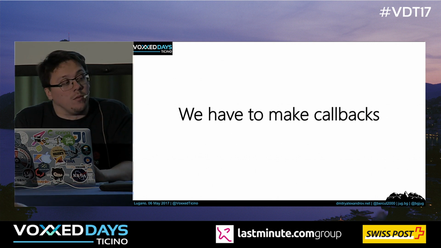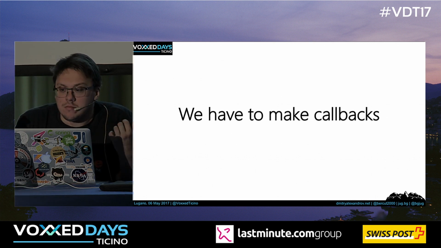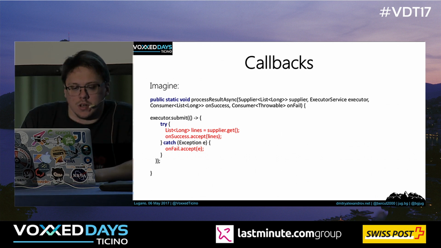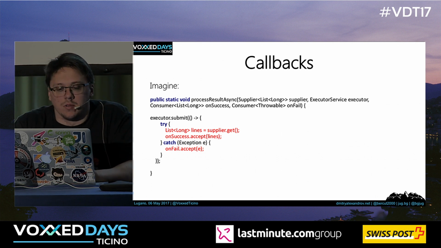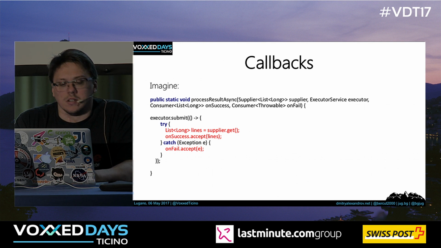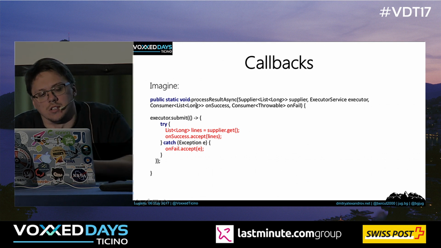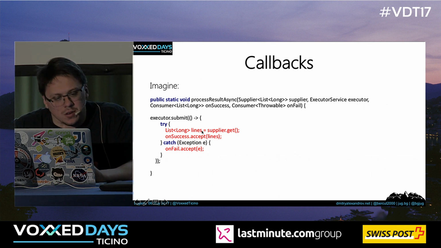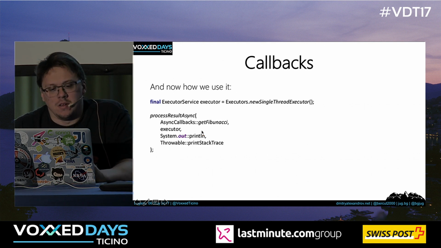We have to make callbacks. Yes, callbacks. I've made a very simplistic wrapper to help us do this. It's also done with some goodies from Java 8, like suppliers and consumers and so on. It's just a wrapper around the task, and we can use it, and it's nice.